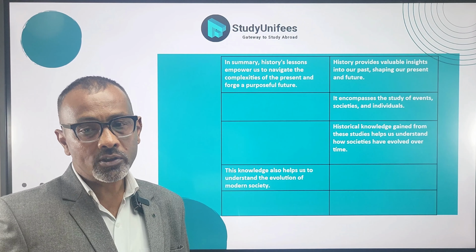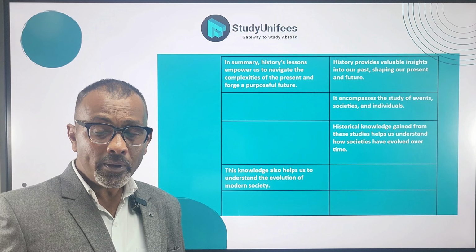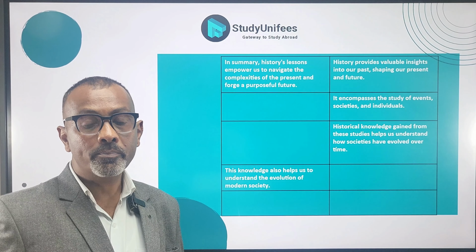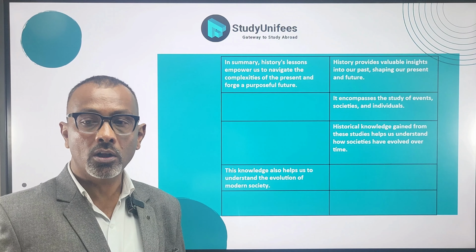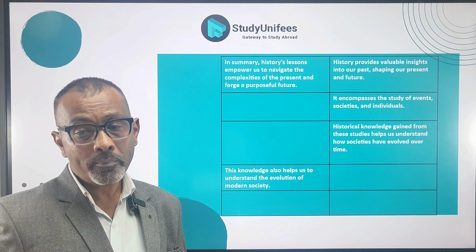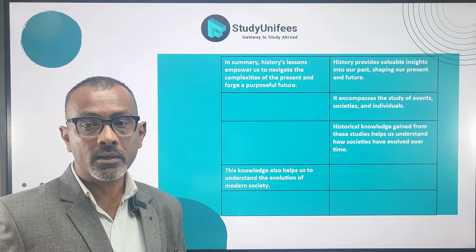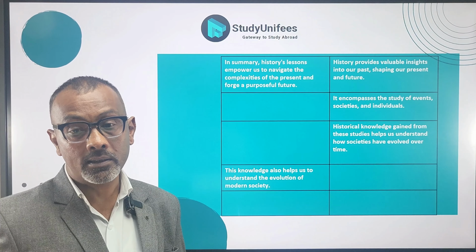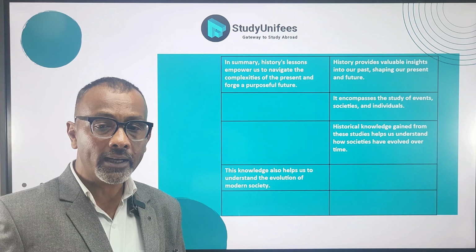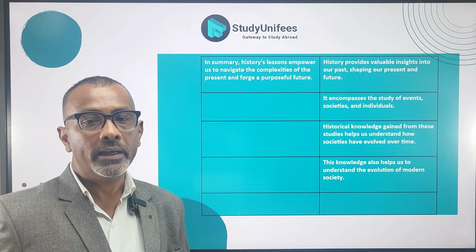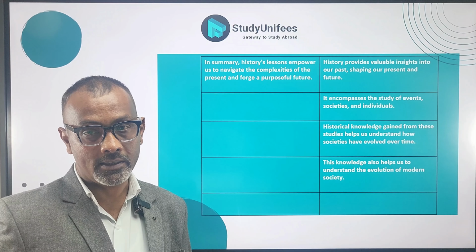Now, the fourth slot will be filled up by this sentence beginning with this knowledge also helps. Why? Because there's a clear-cut precedent between knowledge in the third sentence and knowledge in the next sentence. Finally, we have the summarizing sentence.